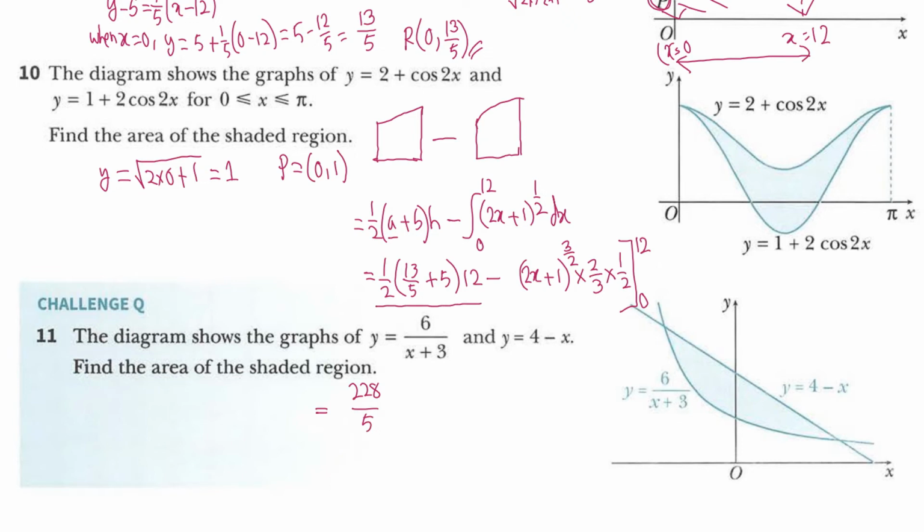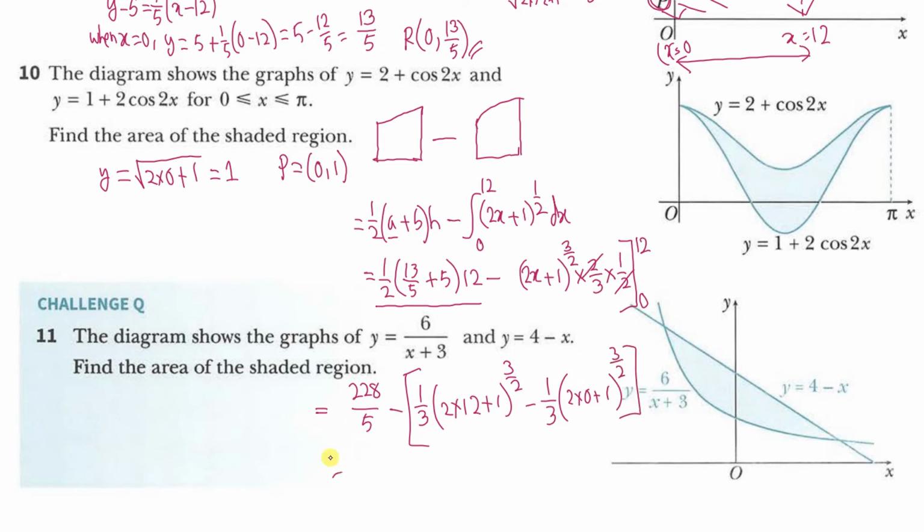Now we need to subtract the area under the curve, which is this. So minus 1 by 3, and let me put our limits here. The expression is (2 into 12 plus 1) to the power 3 by 2, then minus 1 by 3 times (2 into 0 plus 1) to the power 3 by 2.